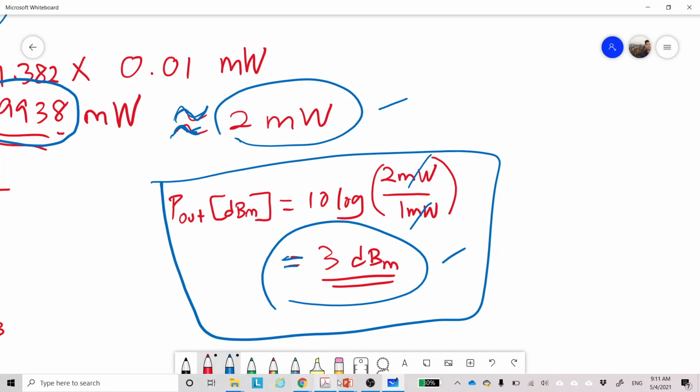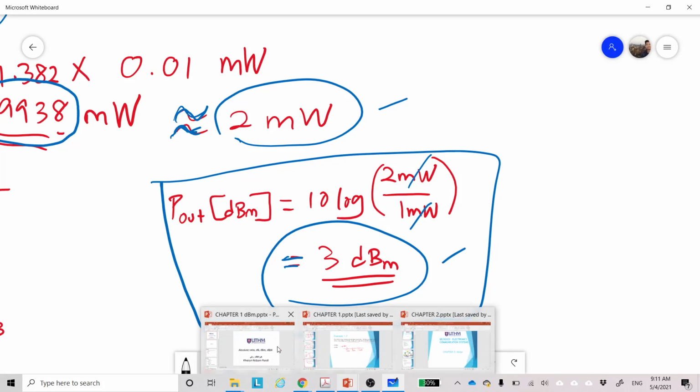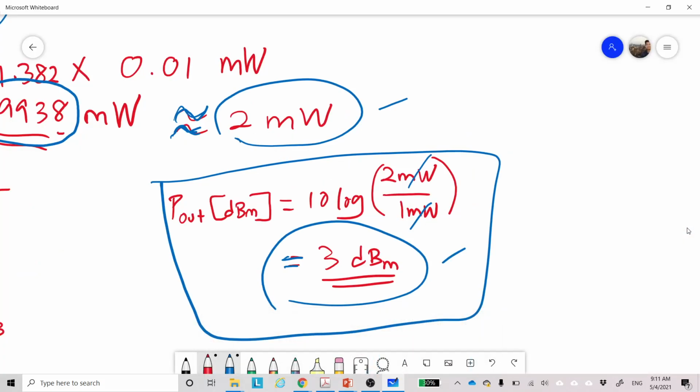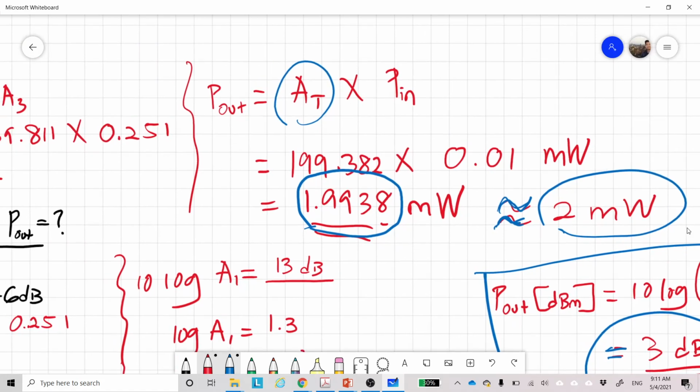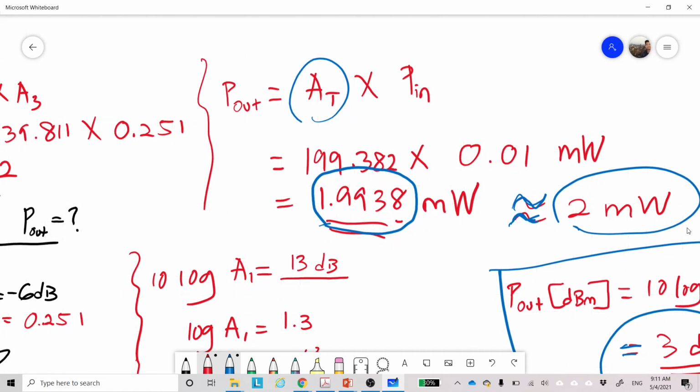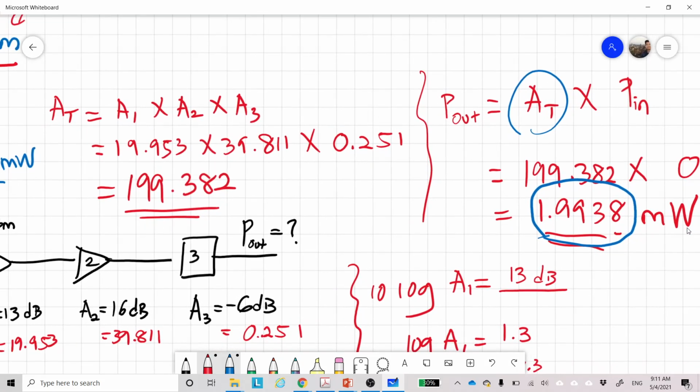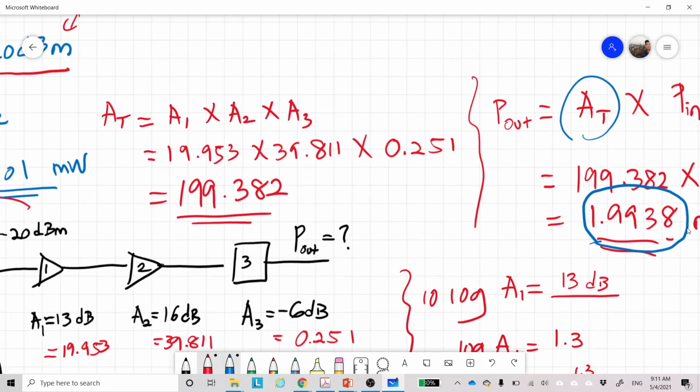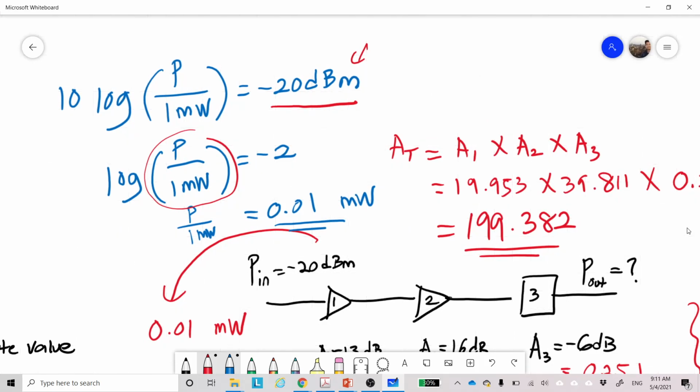Okay, kalau ada soalan lain boleh tanya. Kalau tak ada, saya... Doktor, ya, silakan. Boleh tengok balik jalan kira yang P-in convert di milliwatt. You punya suara putus-putus. Boleh tengok yang mana? Yang ni ke? P-in. This one?